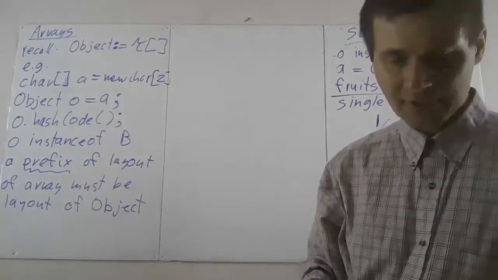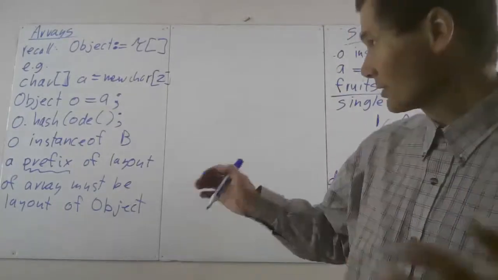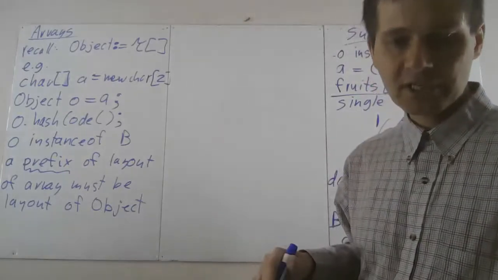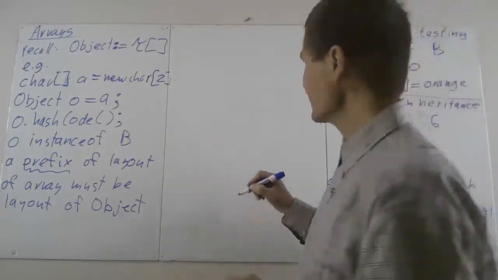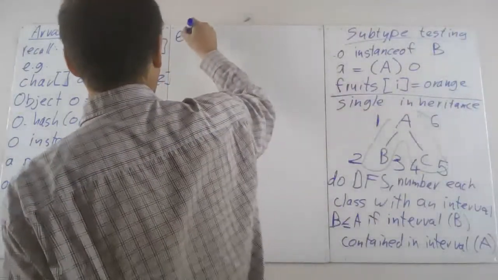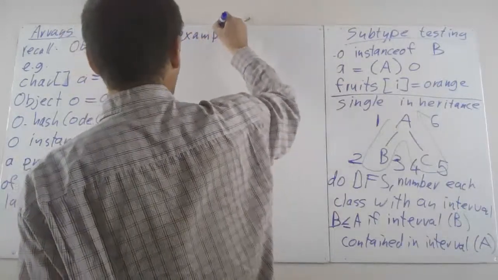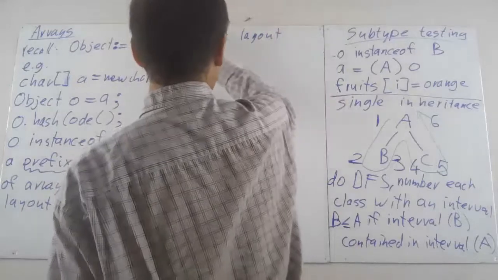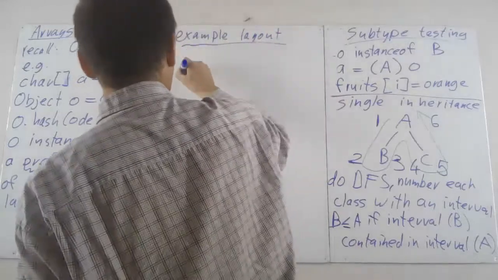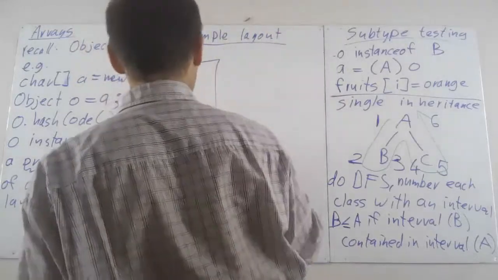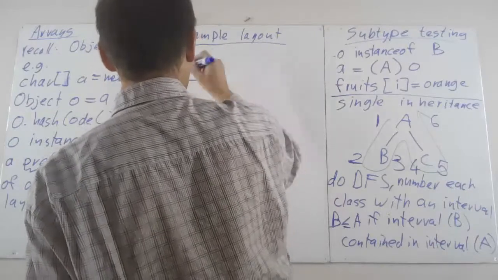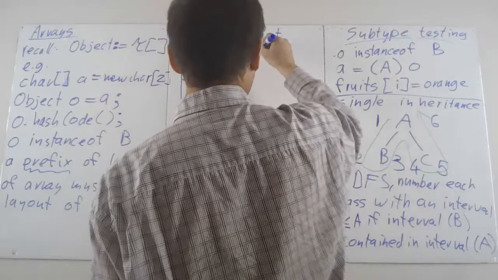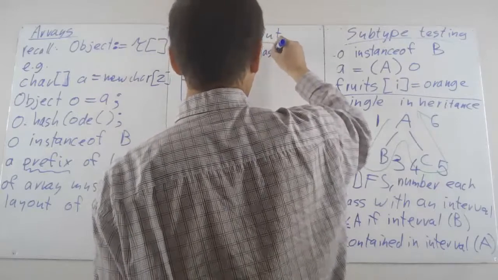So basically an array has to have all the things that an object would have, right? So an example layout would be, let's say, here's my array, and I can take the first word, and it's going to be a pointer to a class.